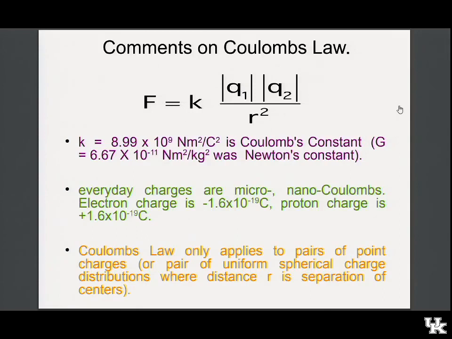That number was 6.7 times 10 to the minus 11 newton meters squared divided by kilograms squared. So these two numbers for electricity and gravity set the scale of the electric and gravitational forces, and they tell us that electricity is a much, much stronger force than gravity.